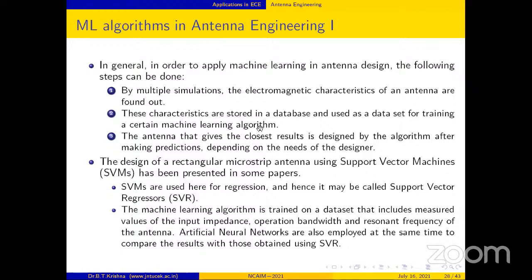Then these characteristics are stored in a database and used as a data set for training a certain machine learning algorithm. That means the data set is obtained from simulations using simulation software. Then the antenna that gives the closest results is designed by the algorithm after making predictions depending upon the needs of the designer.